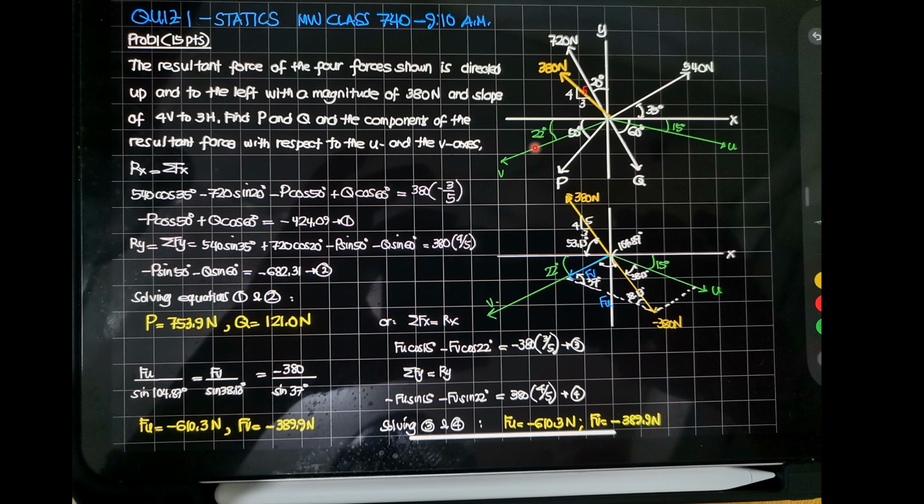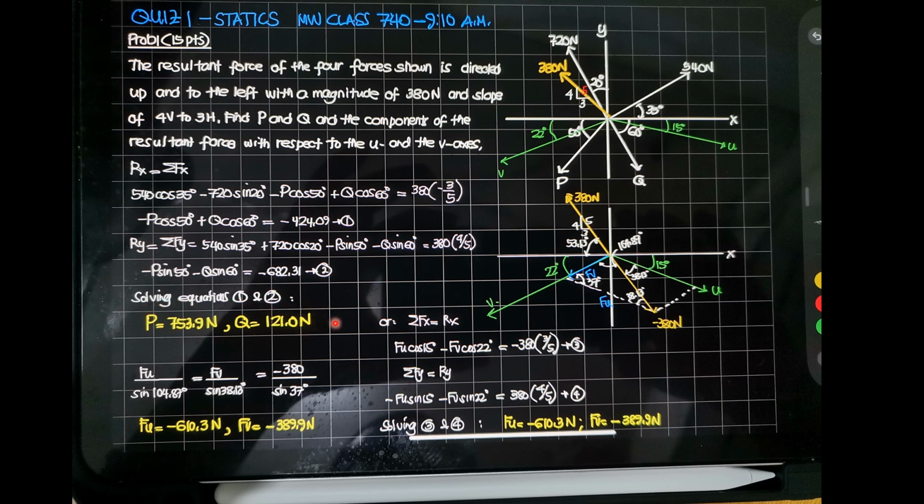Then equate to the y component of the resultant, which is positive 380 times 4 over 5. Simplifying this equation, we have negative P sine 50 degrees minus Q sine 60 degrees equals negative 682.31. Solving equations 1 and 2 simultaneously, we get P equals 753.9 newtons and Q equals 121 newtons. So these are the answers for P and Q.